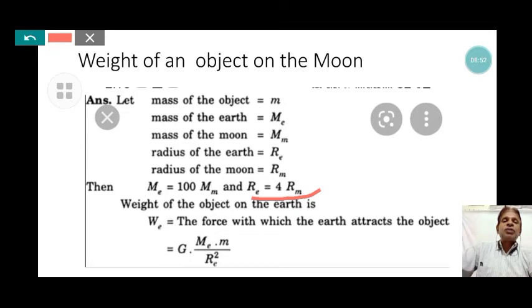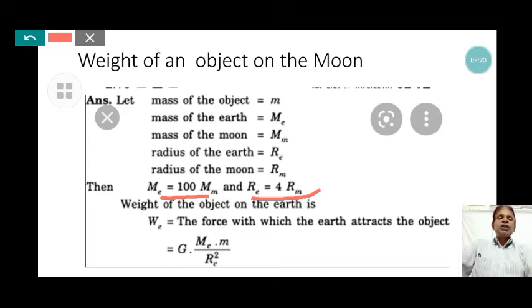On the basis of this calculation, we can find out the acceleration due to gravity at the surface of the earth and at the surface of the moon. Now, W is the weight, the force with which the earth attracts the object. This force We is equal to G Me m by Re squared. It is the gravitational force. Weight We is equal to the gravitational force here.